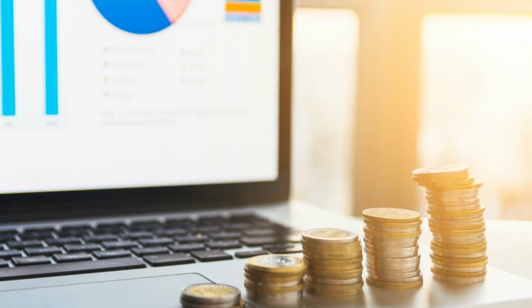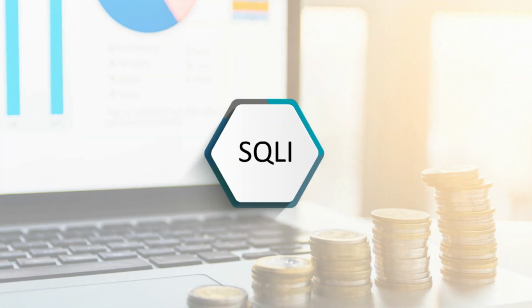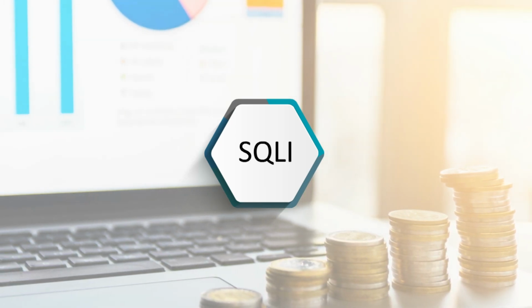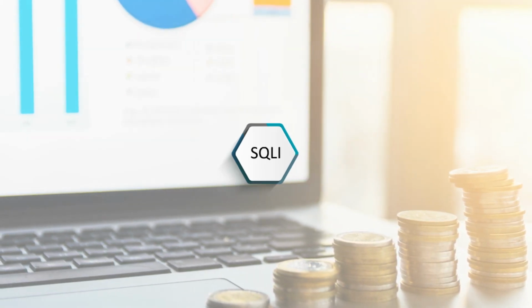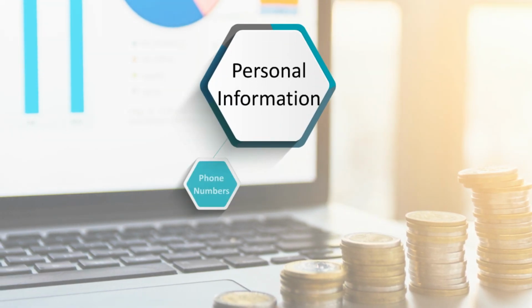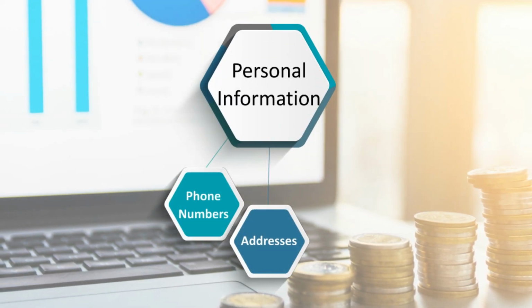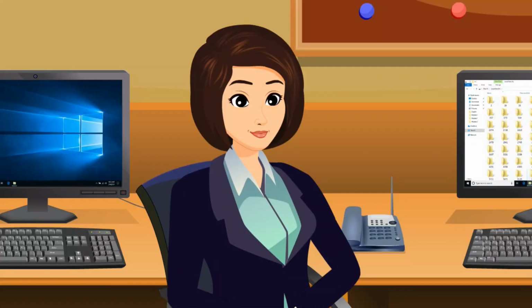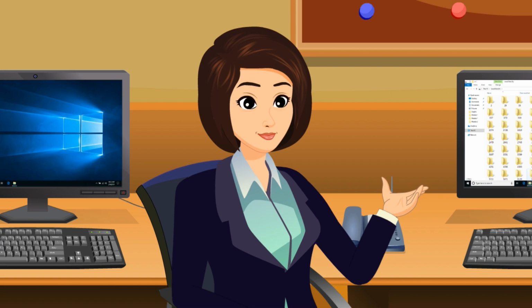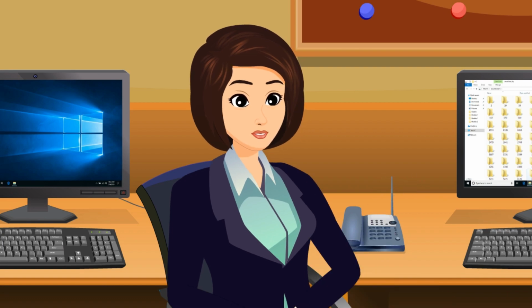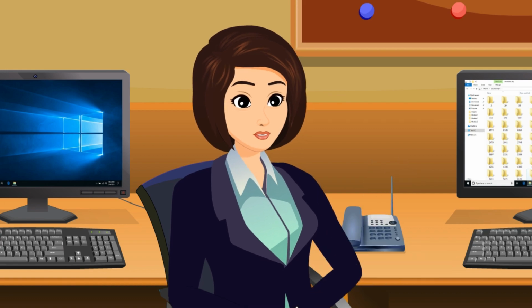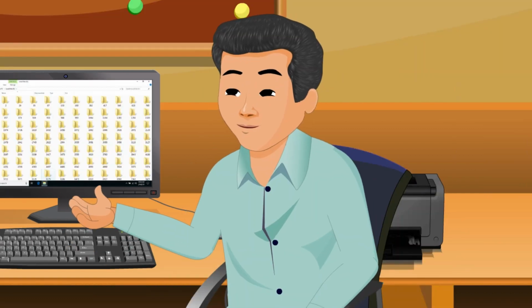When calculating the potential cost of an SQLI, it is important to consider the loss of customer trust should personal information such as phone numbers, addresses, and credit card details be stolen. While this vector can be used to attack any SQL database, websites are the most frequent targets.